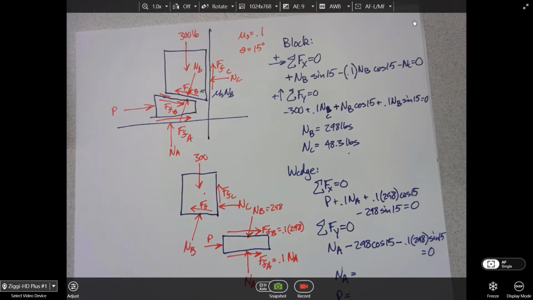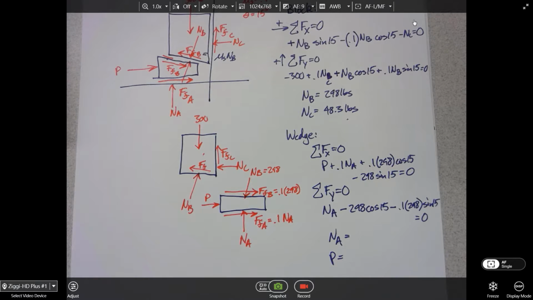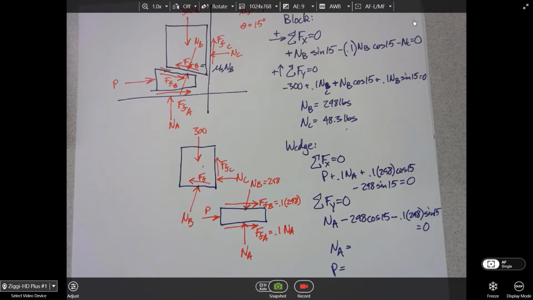So if we want to know if it's self-locking, can we just say that the sine of the angle has to be greater than the frictional forces pushing it, or less than the frictional forces? If you just take the whole P out, right?